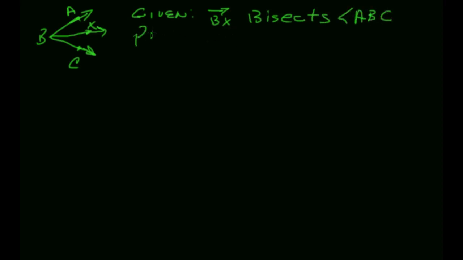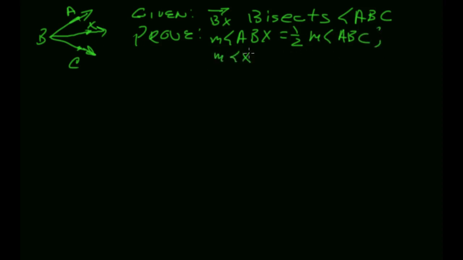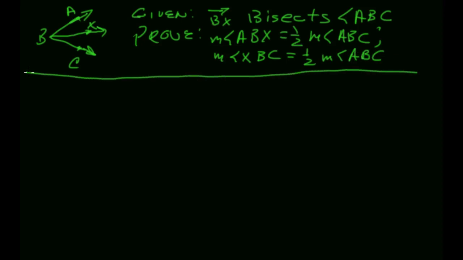And we want to prove two things. We want to prove that the measure of angle ABX is half the measure of angle ABC. And we want to prove that the measure of angle XBC is half the measure of angle ABC. Okay, so I'm going to do this kind of using a flowchart picture type thing.